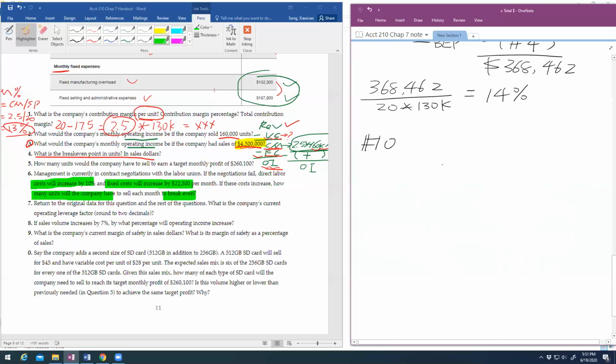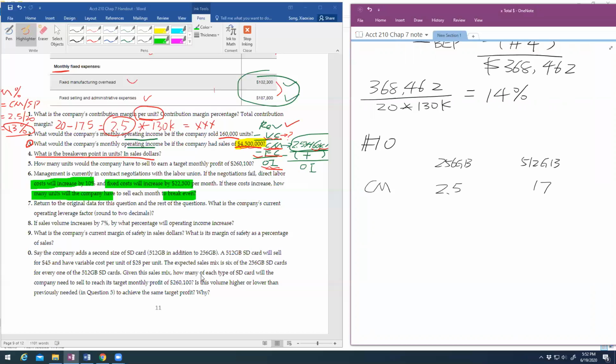So now we have two products, the 256 gigabyte and the 512 gigabyte. For the first, I'll just get the contribution margin directly; we already got this as 15. For the 512 gigabyte, selling price minus variable cost, the contribution margin is 45 minus 28, so it will be 17.